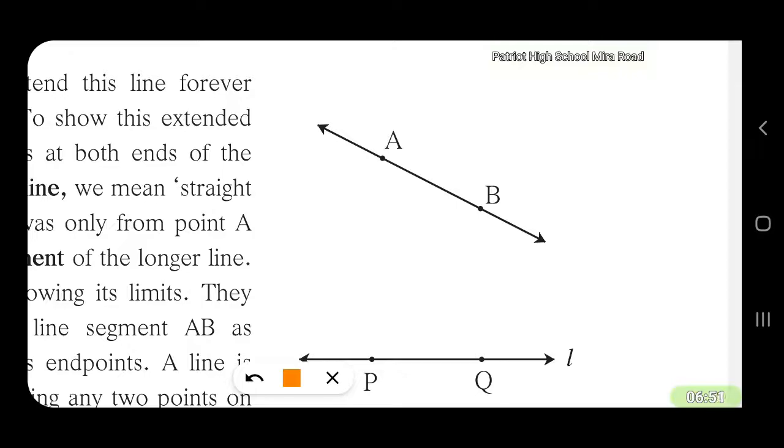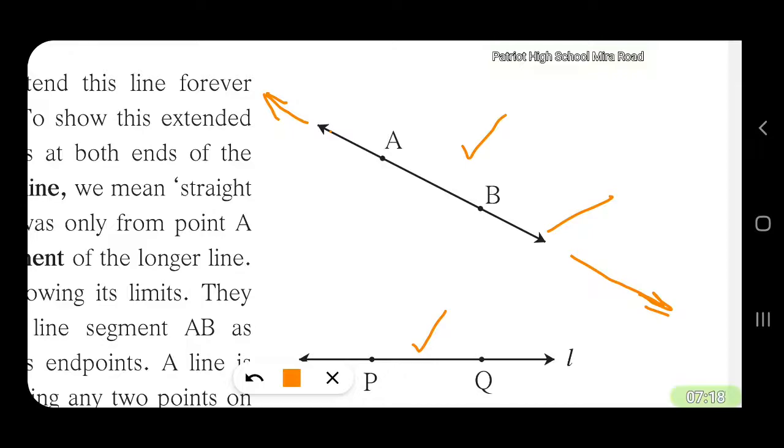So we have line AB over here. This is line PQ. The arrowheads mean the line can be extended to this side up to infinity without any end, and this can be produced in this direction. It can extend up to infinity, a very long distance which has no end.